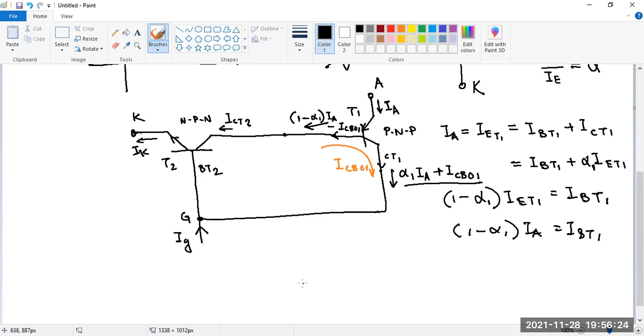How to find that? By using the similar principle, because ICT2, you know, is alpha 2 times what?